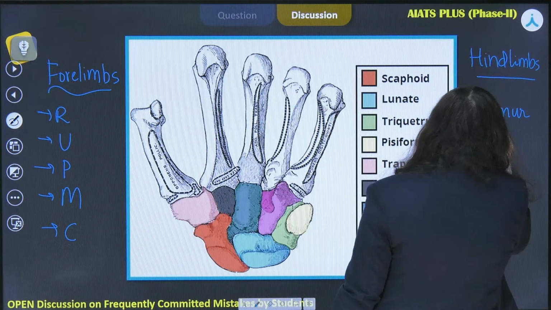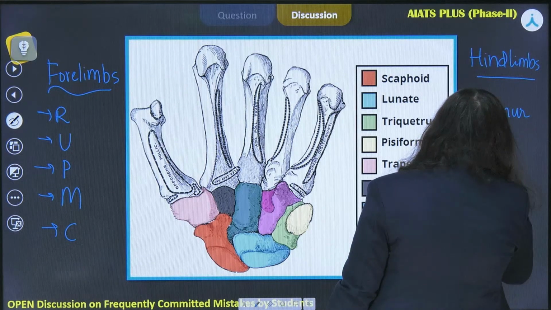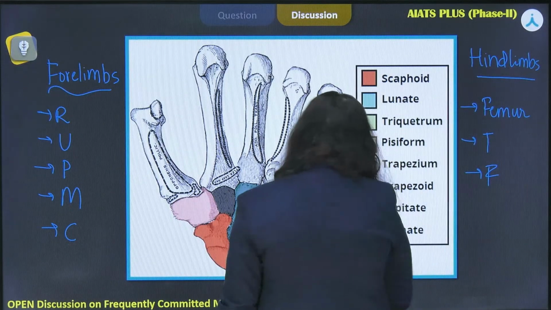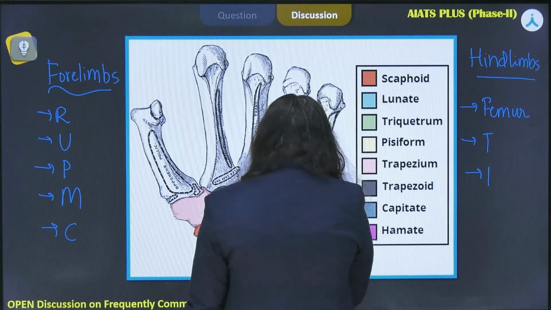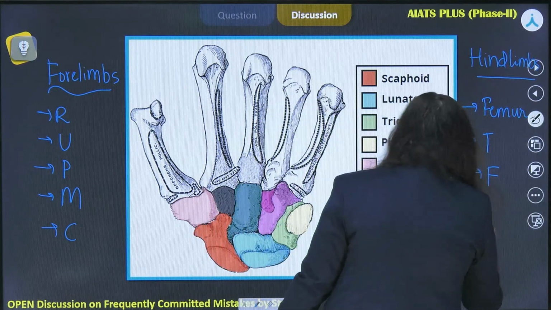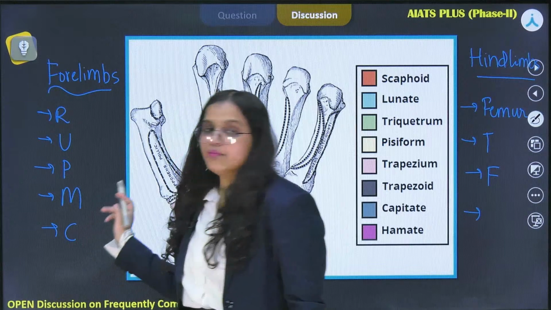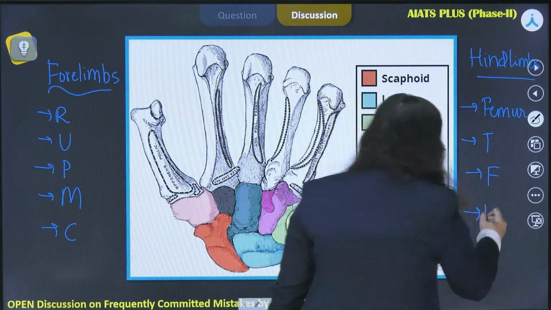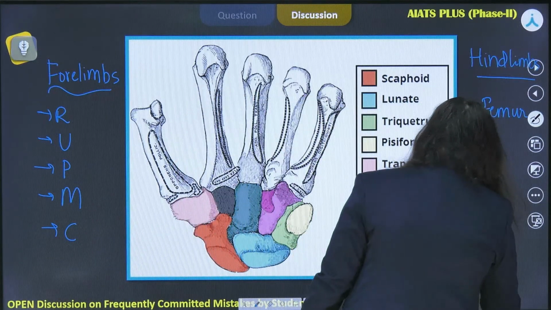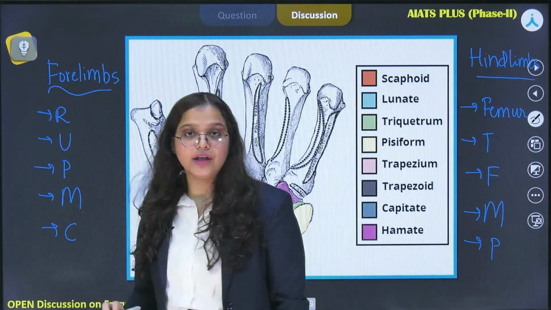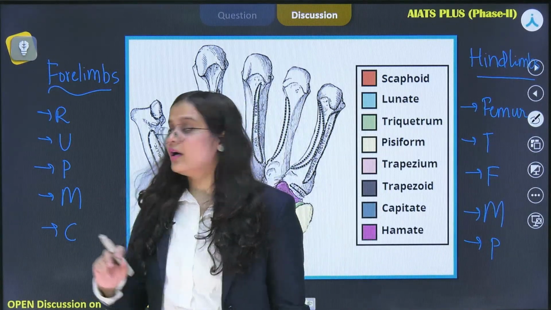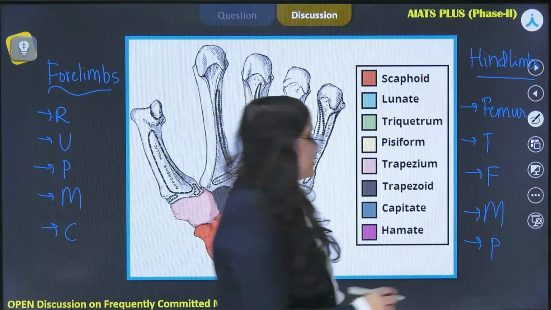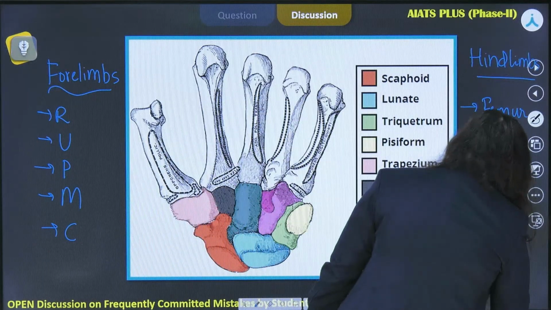Then we have the tibia, the fibula, and again, just like our forelimbs, metatarsals and phalanges, but instead of carpals we have tarsals.